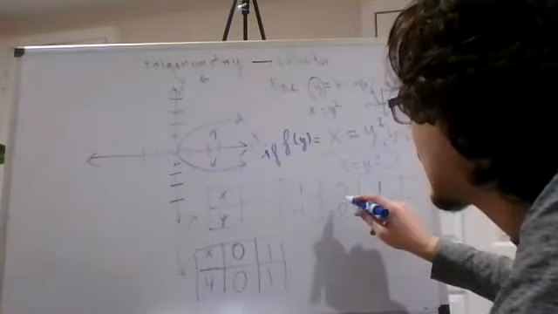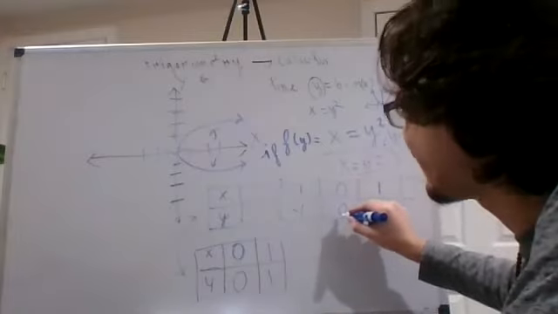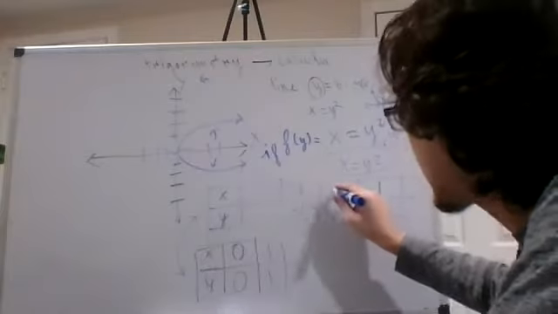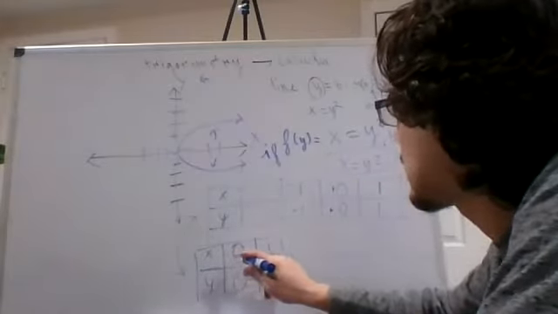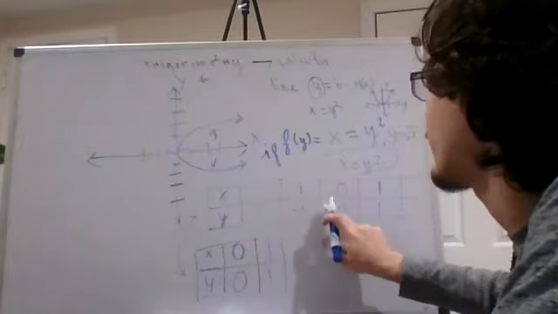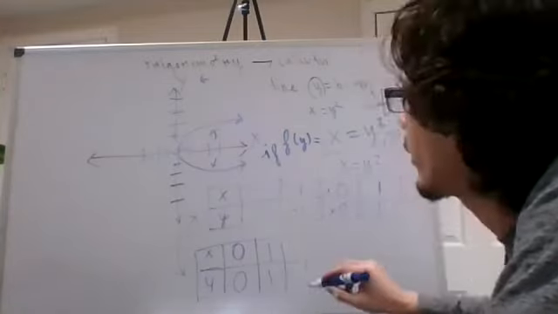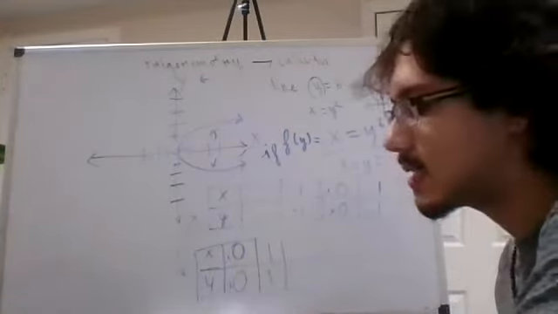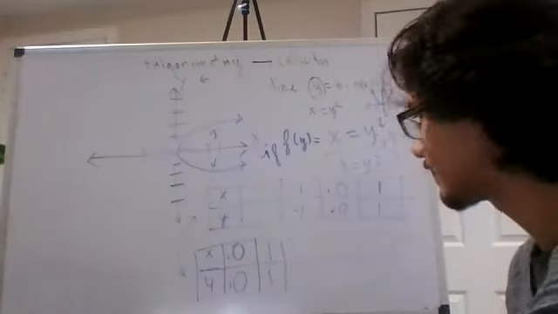So when we said that x is 0 when y is 0, no, I had it backwards. Because y is 0 when x is 0, that means when x is 0, y is 0. That makes sense? Yes, sir.